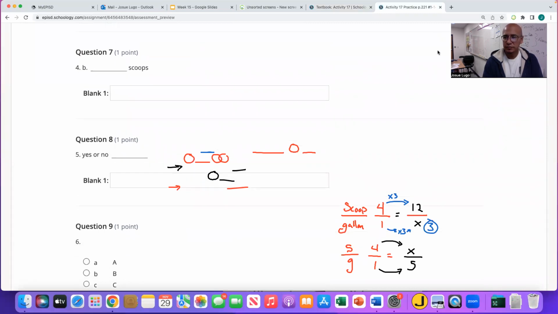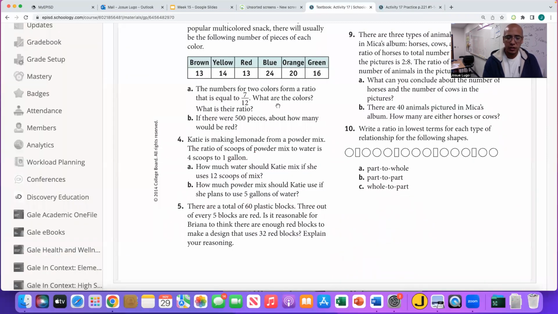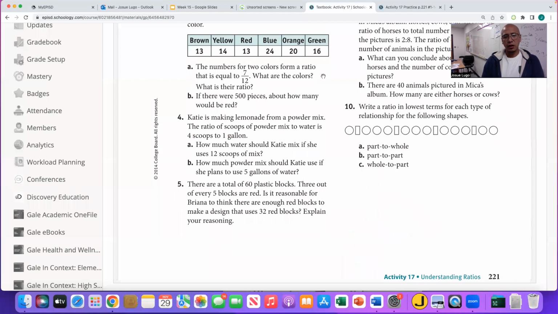Number 5. There are a total of 60 plastic blocks. Notice that that's the total. So that's important. It says 3 out of every 5, that's a fraction. So 3/5 are red.